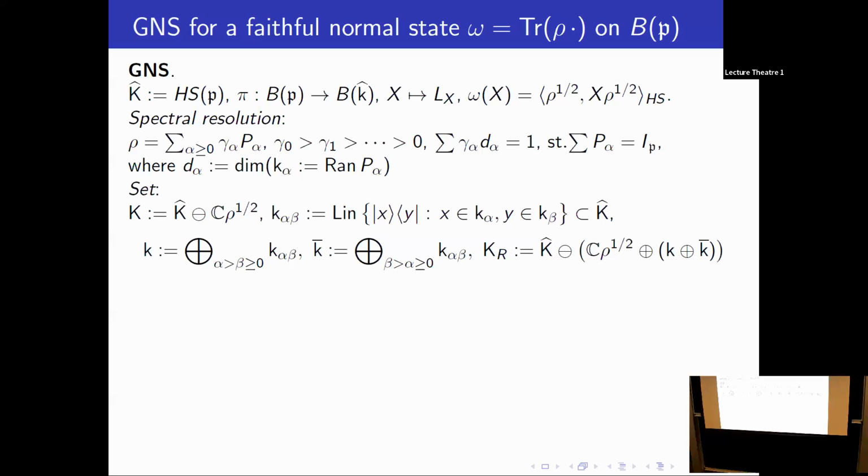Now take the linear span of the Dirac dyads of x and y, where x is in the alpha eigenspace and y is in the beta eigenspace. Take the direct sum of these with alpha greater than beta, call that K, and the direct sum with alpha less than beta, call that K bar. This gives us a natural conjugate Hilbert space structure from K to K bar, namely the adjoint operation restricted to this subspace of Hilbert-Schmidt operators.